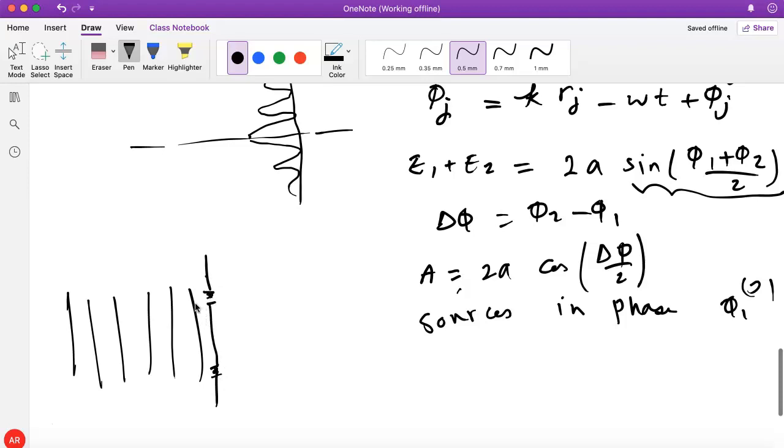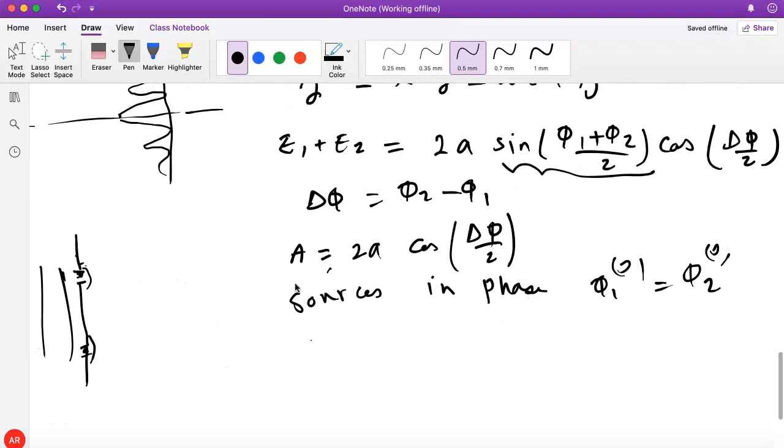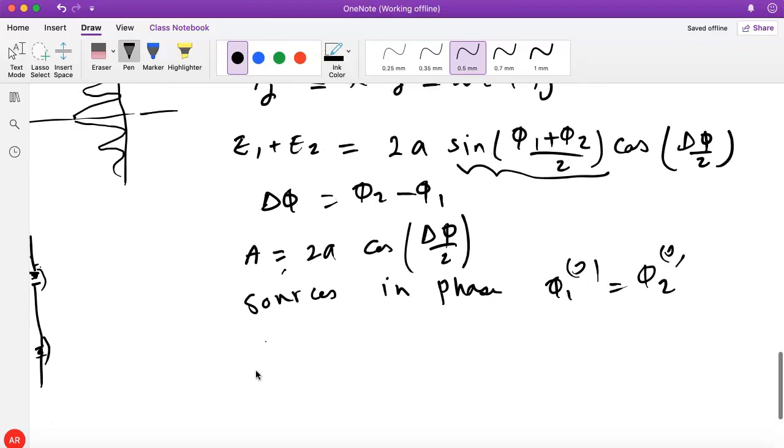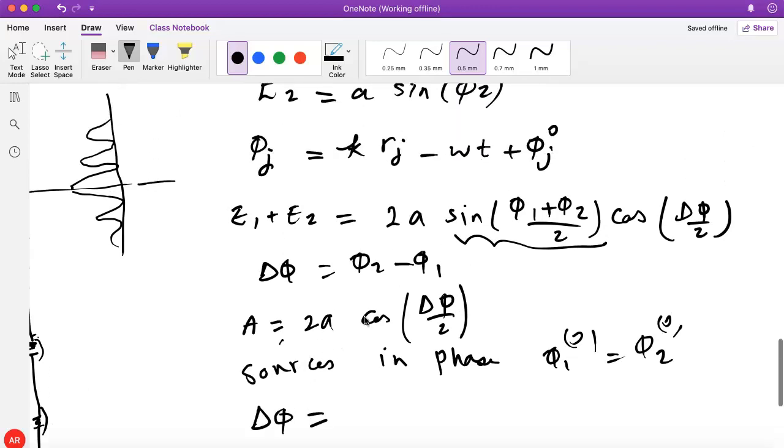They both originate from the same laser. So this wavefront reaches these two slits at the same time, and then you would get a wavefront emanating from these two at the same time. So the sources will be in phase in this experimental scenario if there are two slits in front of the same light source.